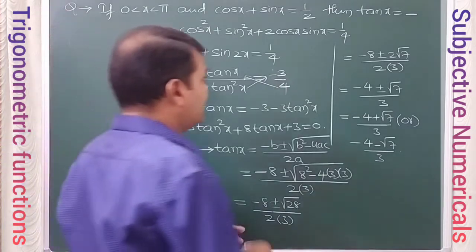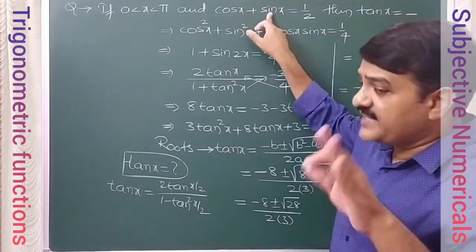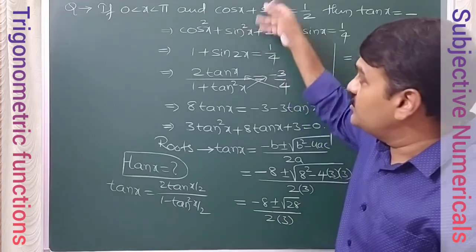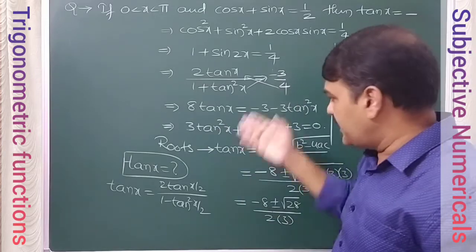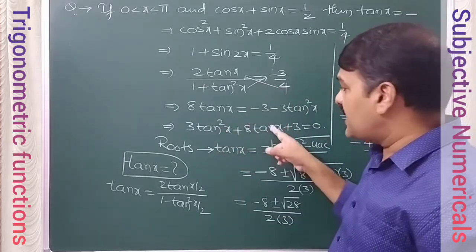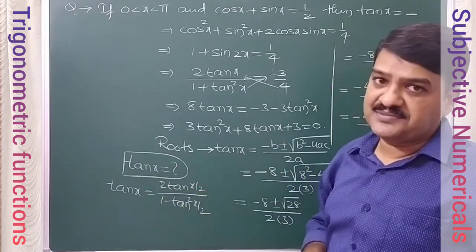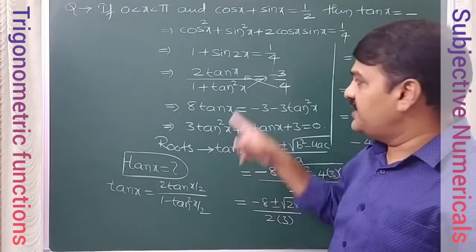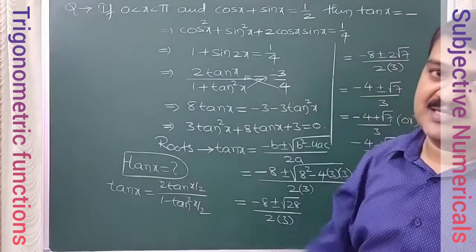So in the second method, you write the formulas of cos x and sin x in terms of tan x by 2, simplify, and find tan x by 2. After finding tan x by 2, using this formula, you will find tan x. But according to me, the method which I explained first is better than the second method.